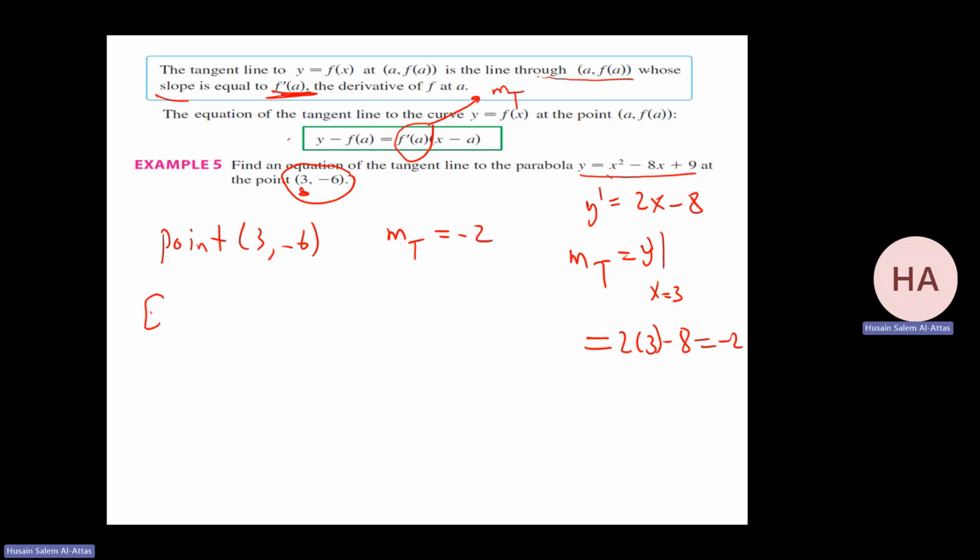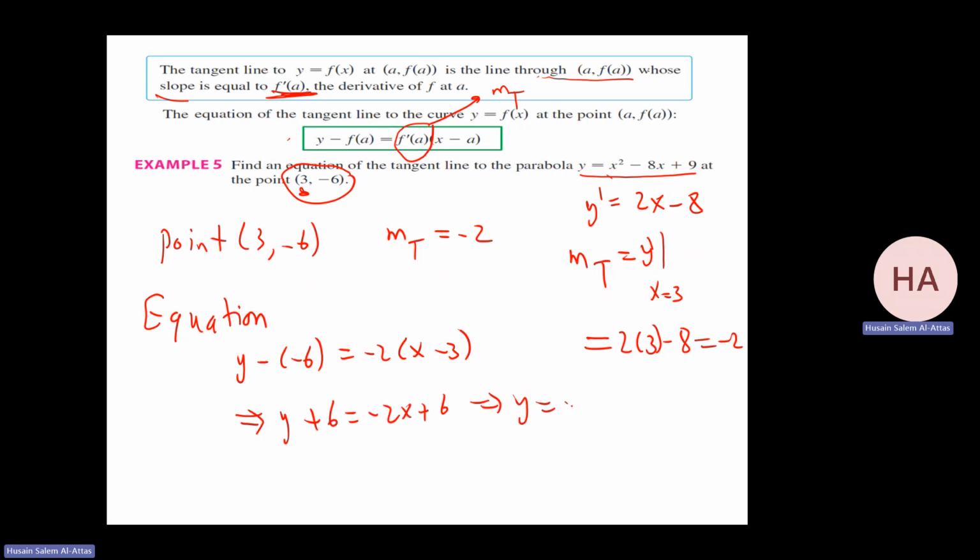So what will be the equation? y minus minus 6 equals minus 2 times x minus 3. So I'm getting y plus 6 equals minus 2x plus 6. So y equals minus 2x. That will be the equation of the tangent line.